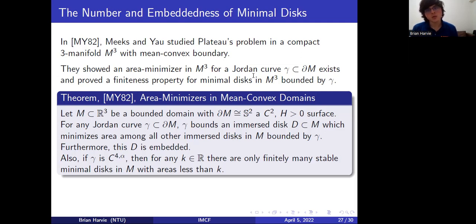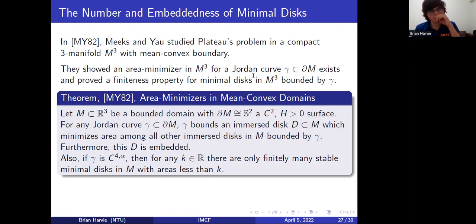What Meeks and Yau were able to show is that there will be a disk bounded by gamma, which minimizes area among all disks that lie in M and are also bounded by gamma. And this minimal disk will be embedded.